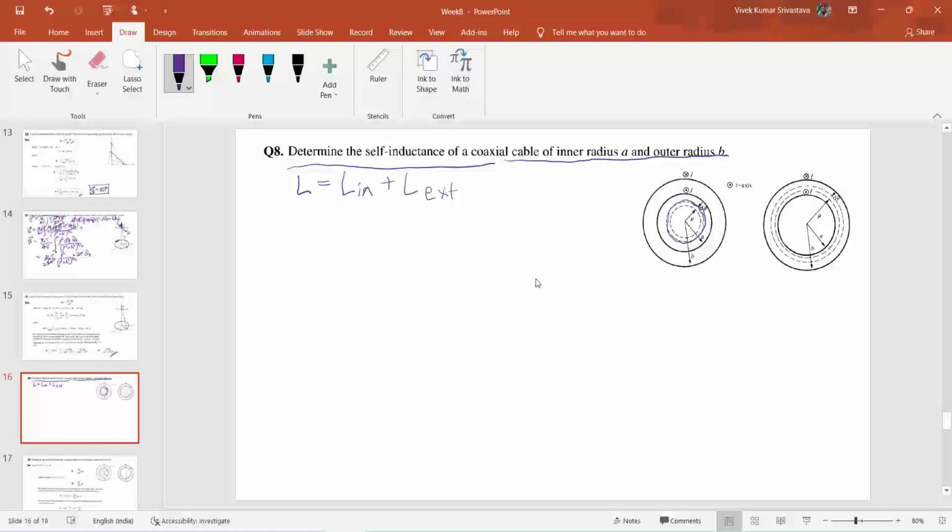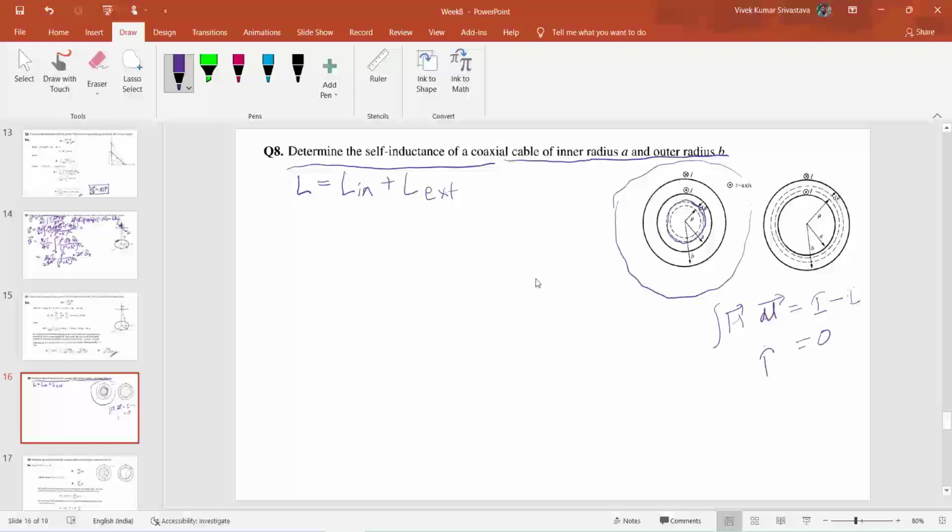Okay, because outside this total coaxial cable no field will exist. Suppose this is the amperian path, so the line integral of H dot dl is equal to the total current that is enclosed in this amperian path. So this will cancel each other, that is plus I and minus I, so this becomes equal to 0.